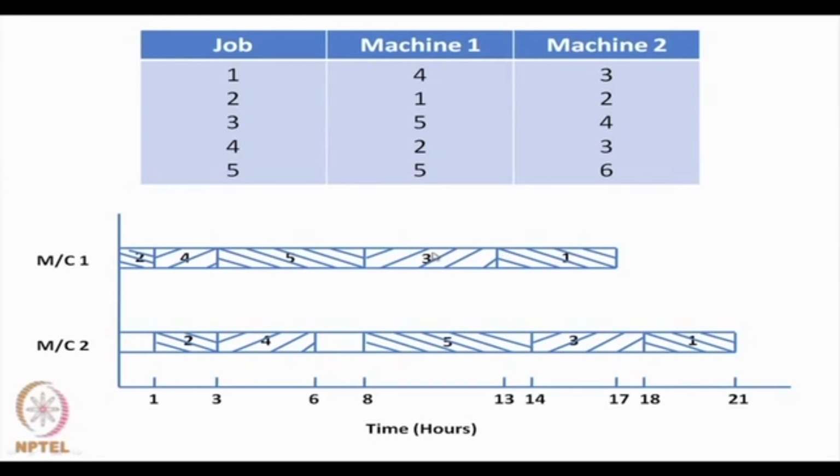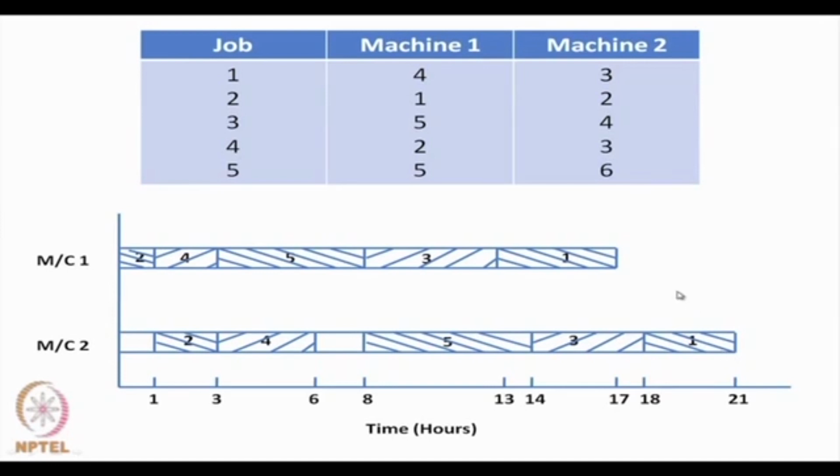Meanwhile, machine 1 takes up job 3 and it takes 5 hours. So, at the 13th hour the work will be completed there, and thereafter job 1 work can be done. When machine 2 is free at the end of the 14th hour, the work on job 3 starts and gets completed at the 18th hour, and then work on job 1 starts and gets completed at the end of the 21st hour.